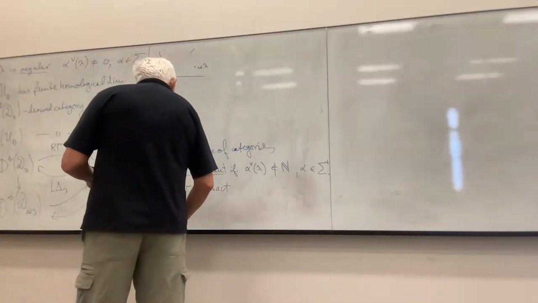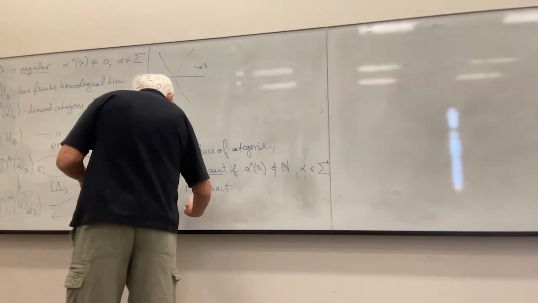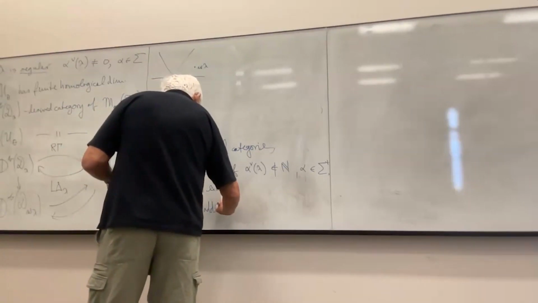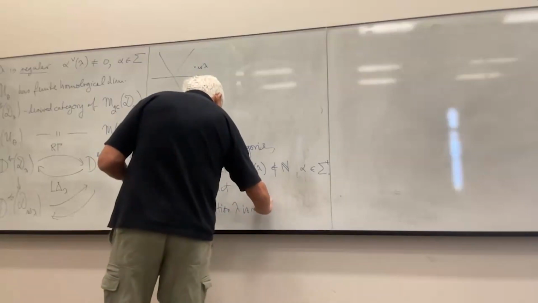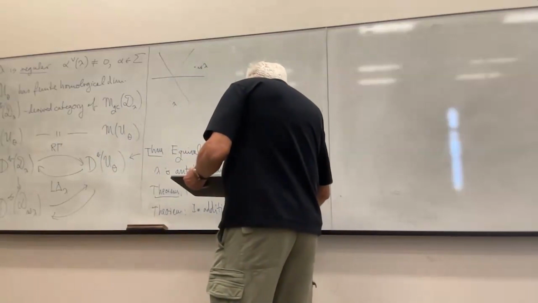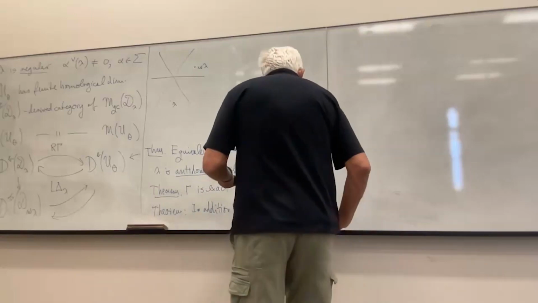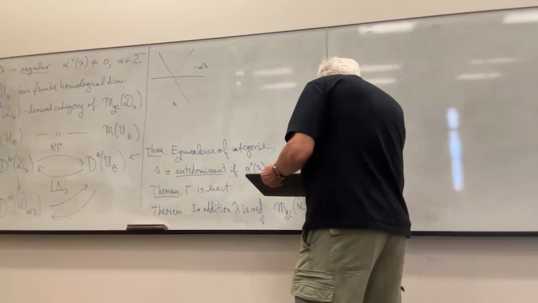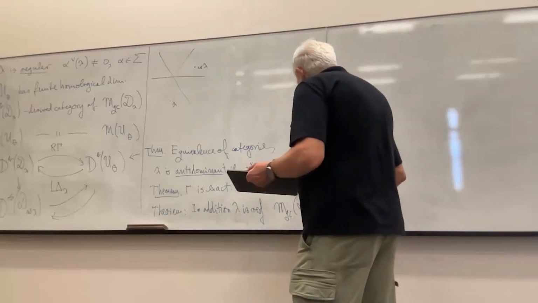And if in addition lambda is regular, then we see that MQC D lambda and U theta are equivalent, and the equivalence is given by gamma and delta lambda.